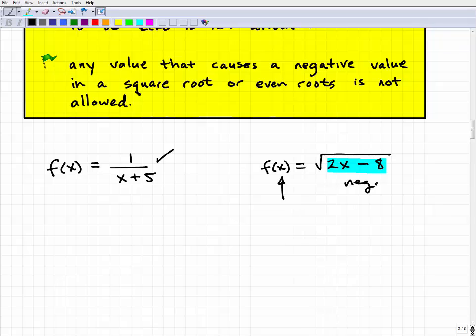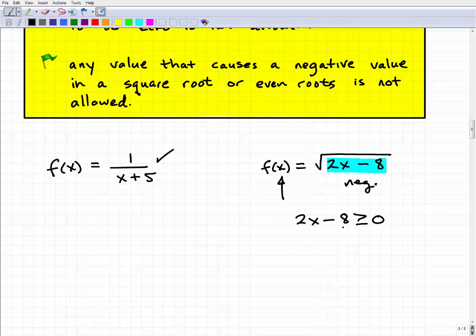So how do we figure this out? Well, this is pretty straightforward. We can just use inequalities. 2x minus 8 cannot be negative, so it has to be 0 or positive.